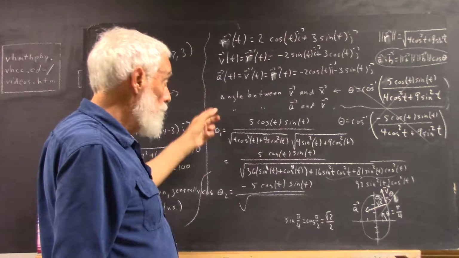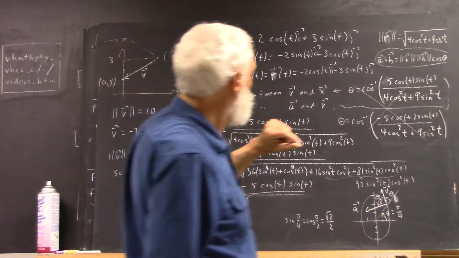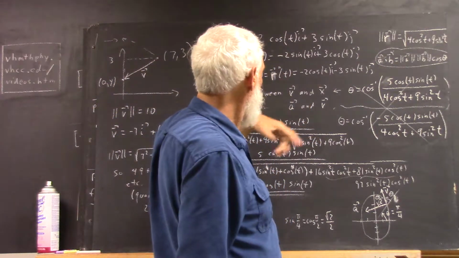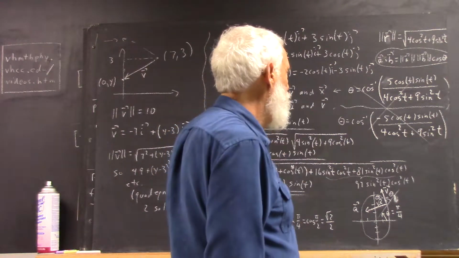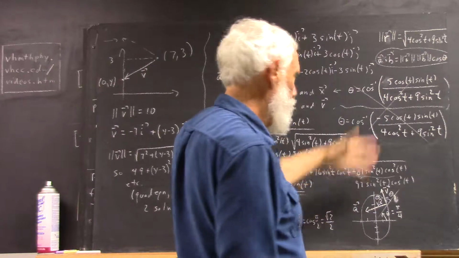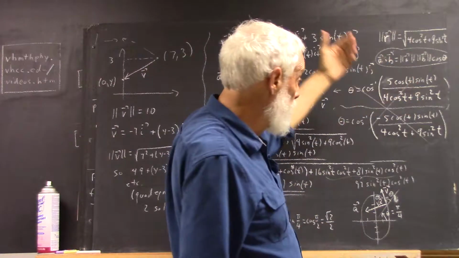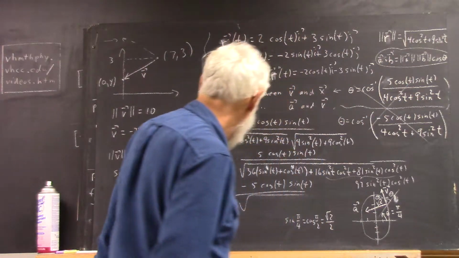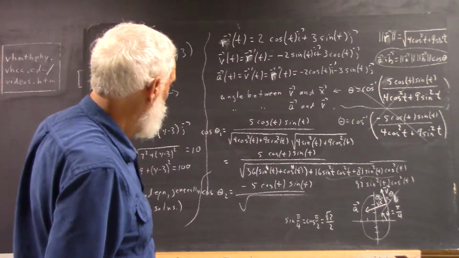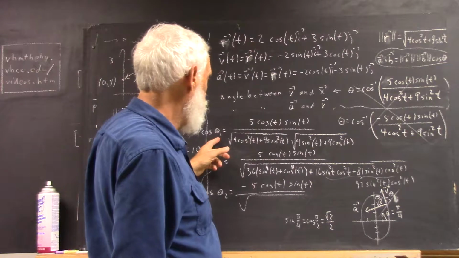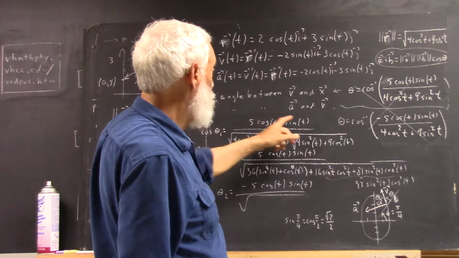Okay, so we want to find the angle between r and v and the angle between r and a. Now, I did some stuff in my head over here, and I left it up there just so you can see how badly my head was working this morning. Now we did it more systematically here, and we found that the cosine of theta 1 is the dot product.